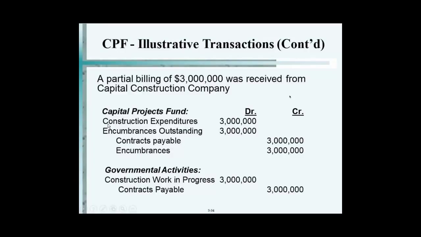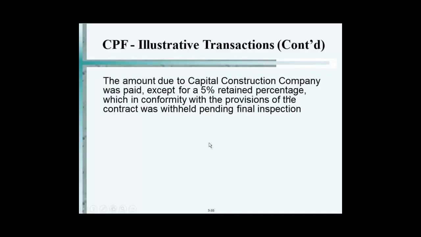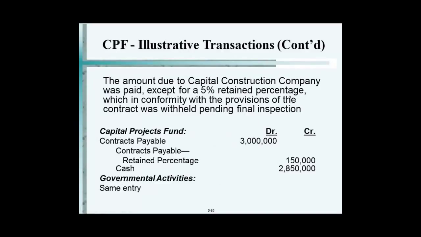Okay, now another thing. Let me just explain this to you. Governments don't trust contractors to do things right. So what they do is they withhold a portion of the payment. So in this case, it's 5%. Contractor presents an invoice for $100,000. What do they pay them? $95,000.